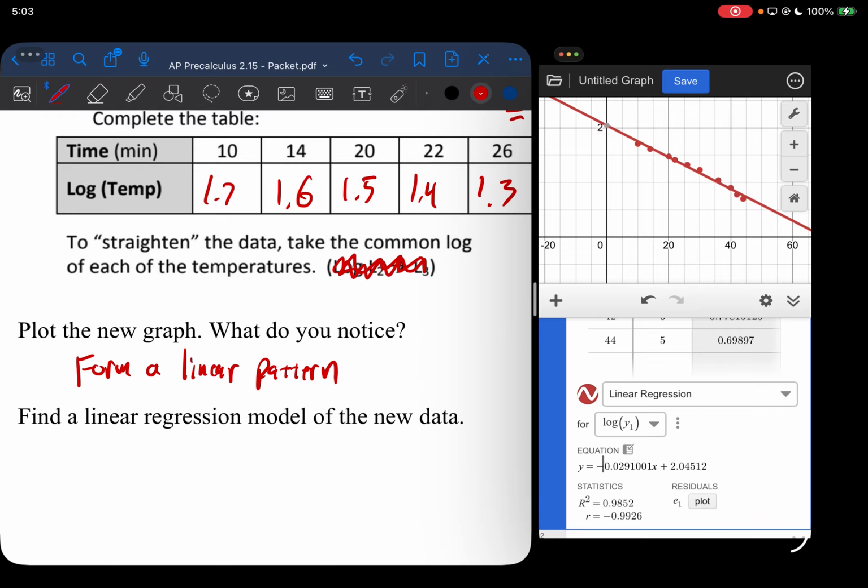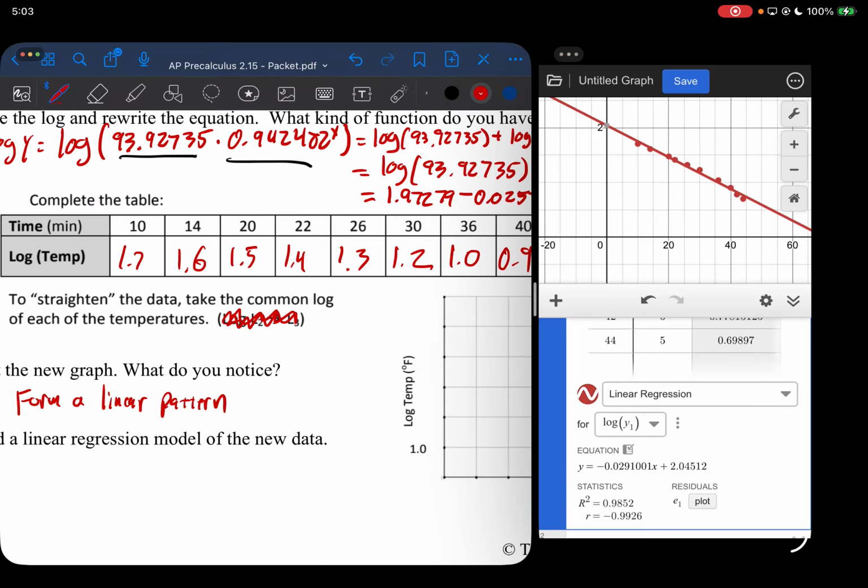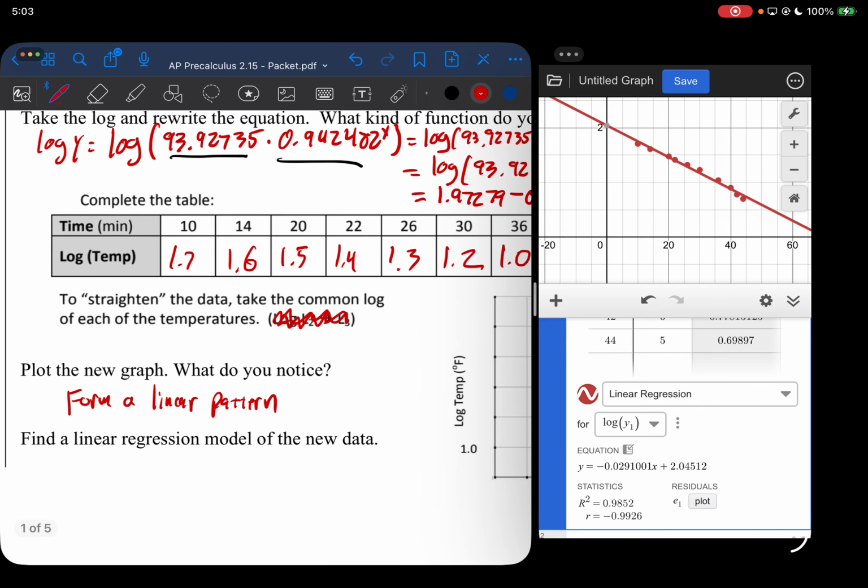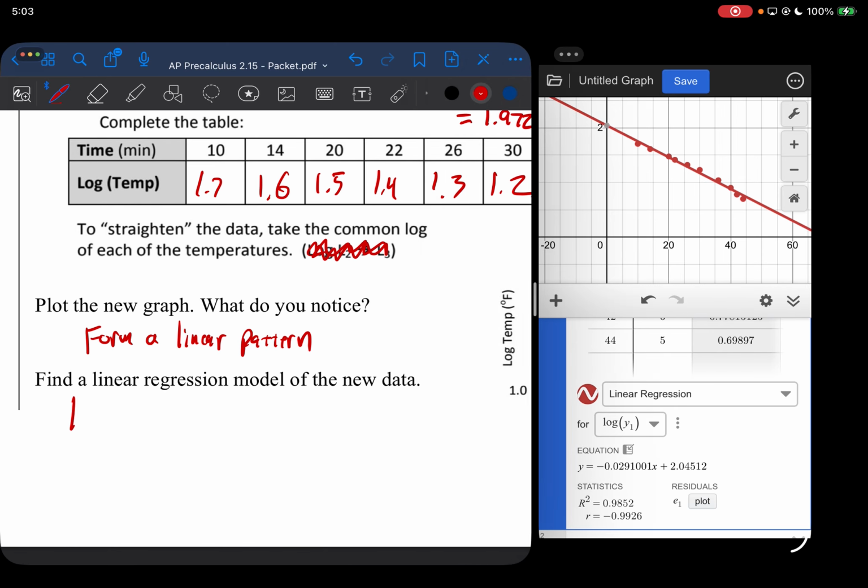And if you notice, what we got was pretty close to what we came up with by hand. So log of y equals negative 0.0291x plus 2.045. And we always leave it as log of y to indicate that we've taken the log of this.